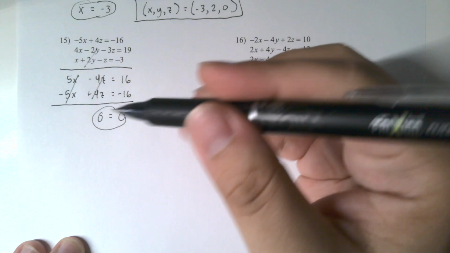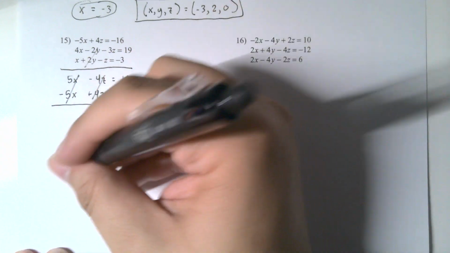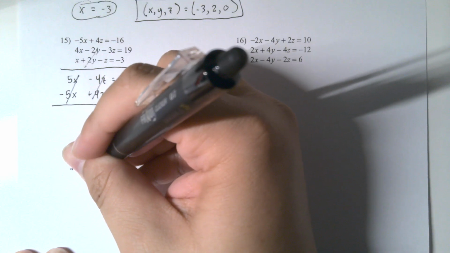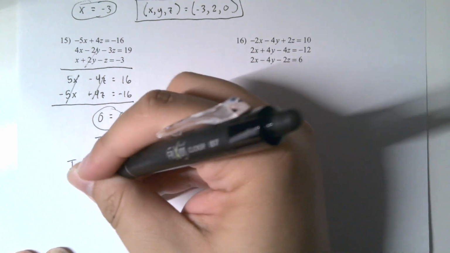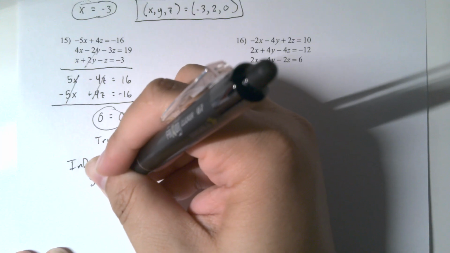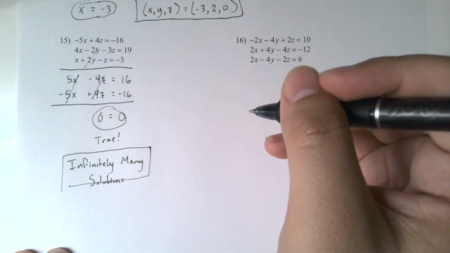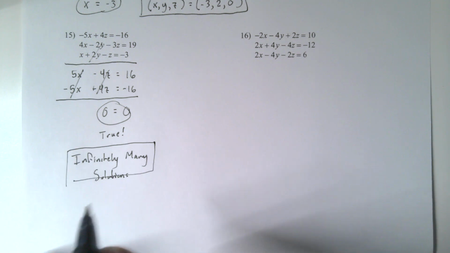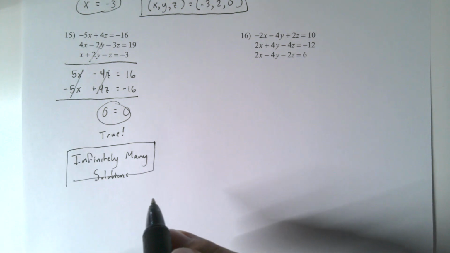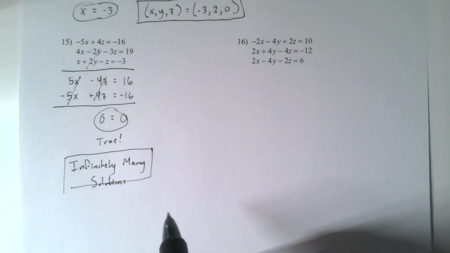So anytime we arrive at this 0 is equal to 0 statement, because this is true, we're going to say that we have infinitely many solutions. And so it's beyond the scope of this class to figure out what those solutions are. So we'll just arrive at this solution if we have infinitely many of them, and we're going to stop right there. So that's it for example 15.